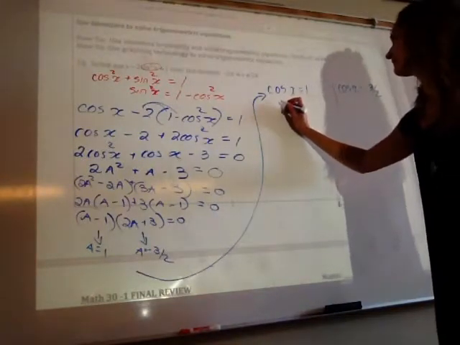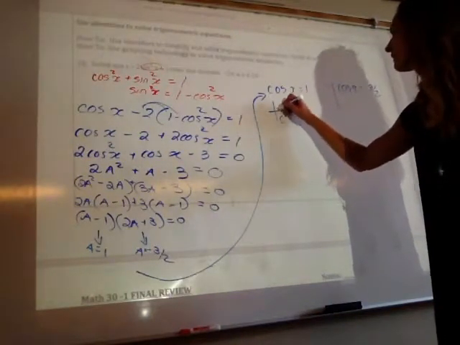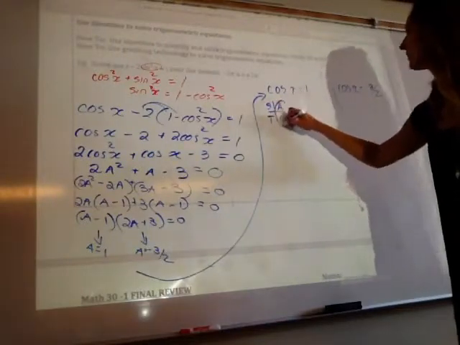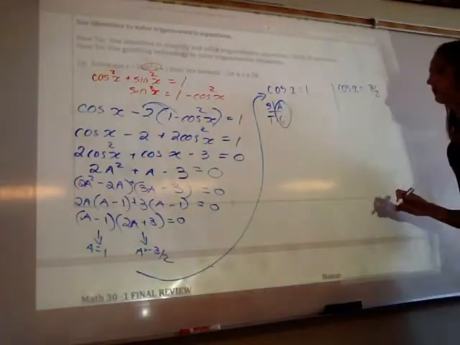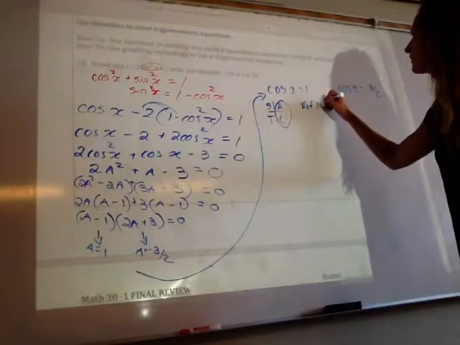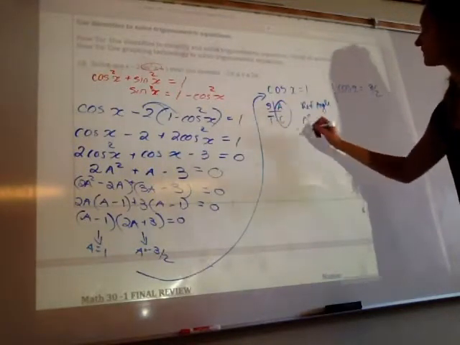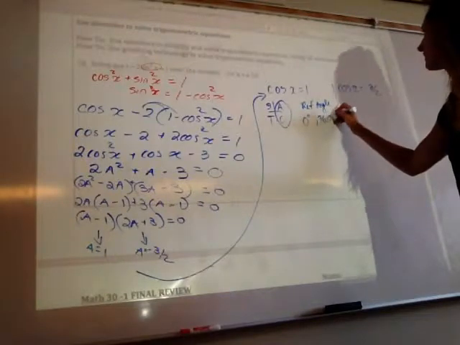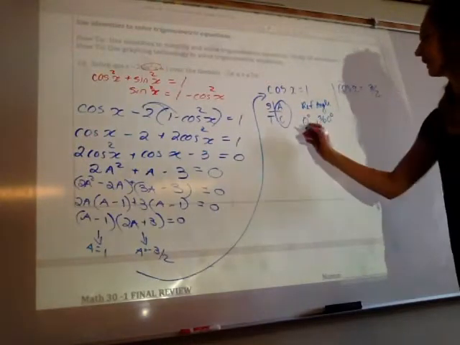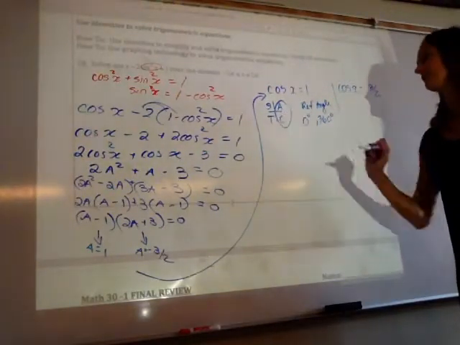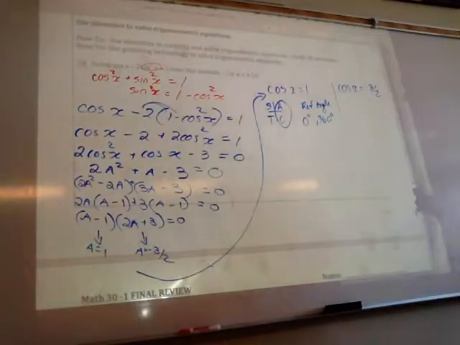So from cosine x equals 1, use our CAST rule, we have solutions in quadrants 1 and 4. The reference angle is going to be 0. So that means I have 0 degrees and 360 degrees. Okay, 0 in quadrant 1, 360 in quadrant 4.